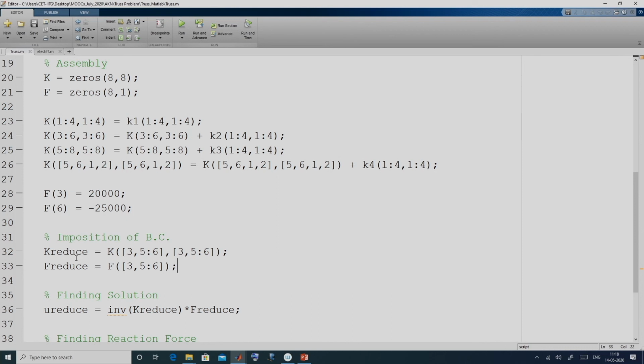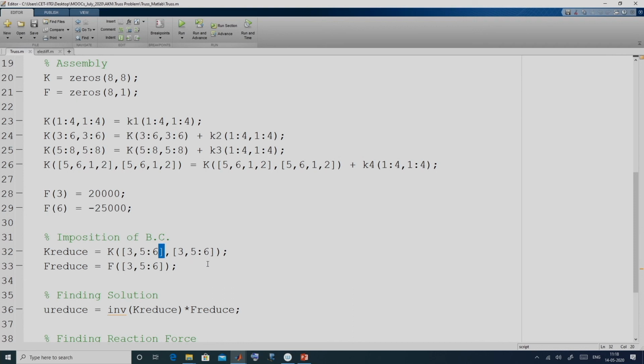Now, only third, fifth and sixth, these three are active degrees of freedom. So, in our reduced stiffness matrix, we are only considering the corresponding rows and columns, that is 3, 5, 6, 3, 5, 6. It will take (3,3), (3,5), (3,6), (5,3), (5,5), (5,6), (6,3), (6,5) and (6,6).